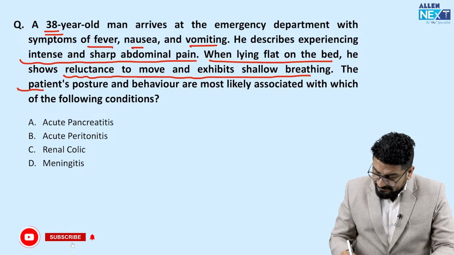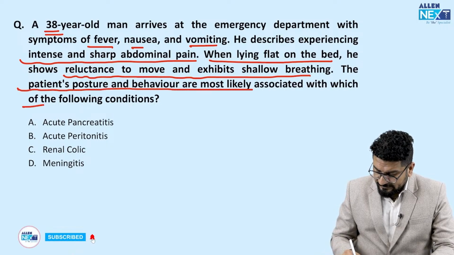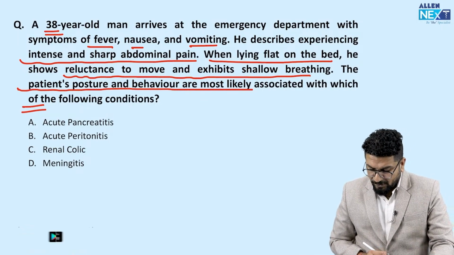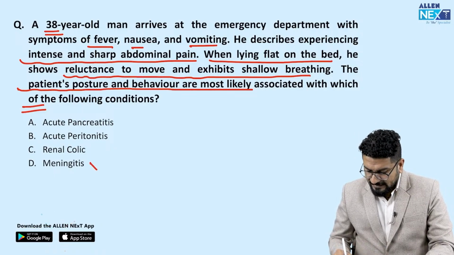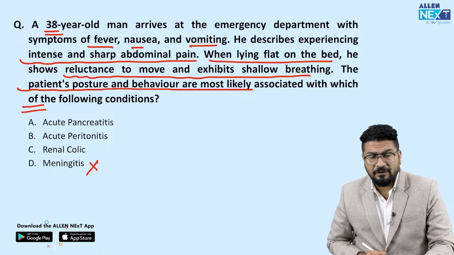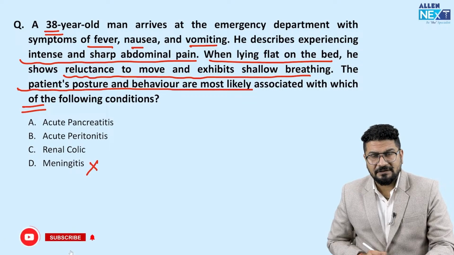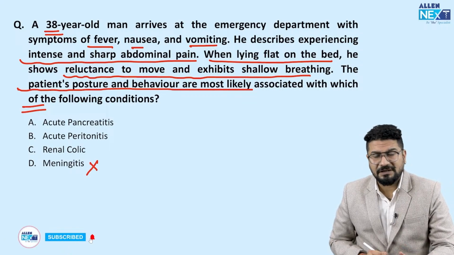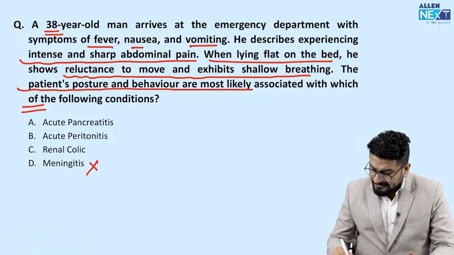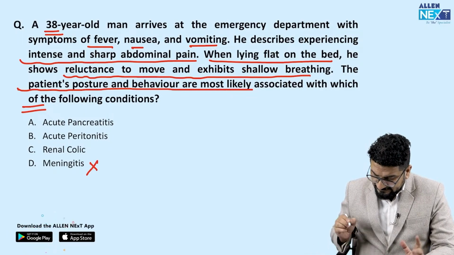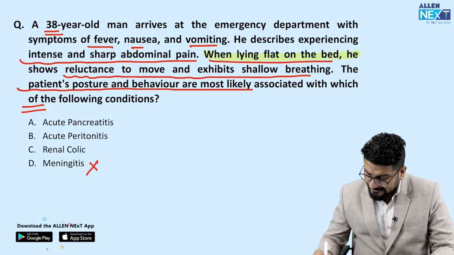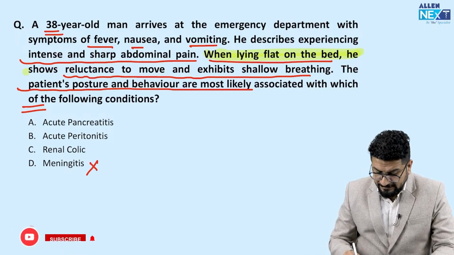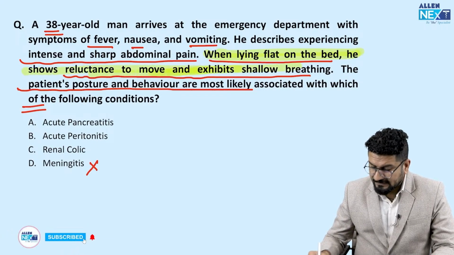The patient's posture and behavior are most likely associated with which of the following conditions. So understand this, it's an abdominal pain, so there is no point of having meningitis as diagnosis. Renal colic pain will be intense, but this will move towards the tip of the penis, sometimes in a female patient towards the vulva. That is not mentioned. So the hint in the MCQ is that even lying flat on the bed, he doesn't want to move because he is having intense pain.